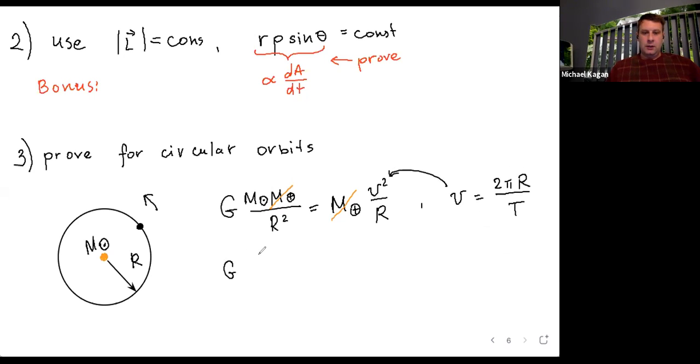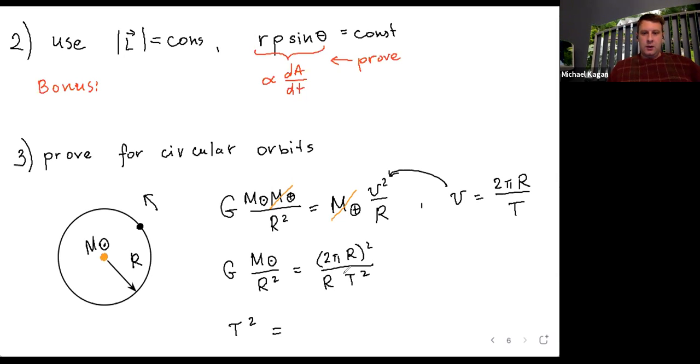Just carefully massage. So G M sun over r squared equals (2 pi r) squared over r over T squared. Does that make sense? Just square this whole thing, and then let's collect T on the left hand side and everything else on the right hand side. So we have T squared equals. Now, what power of r will we have?